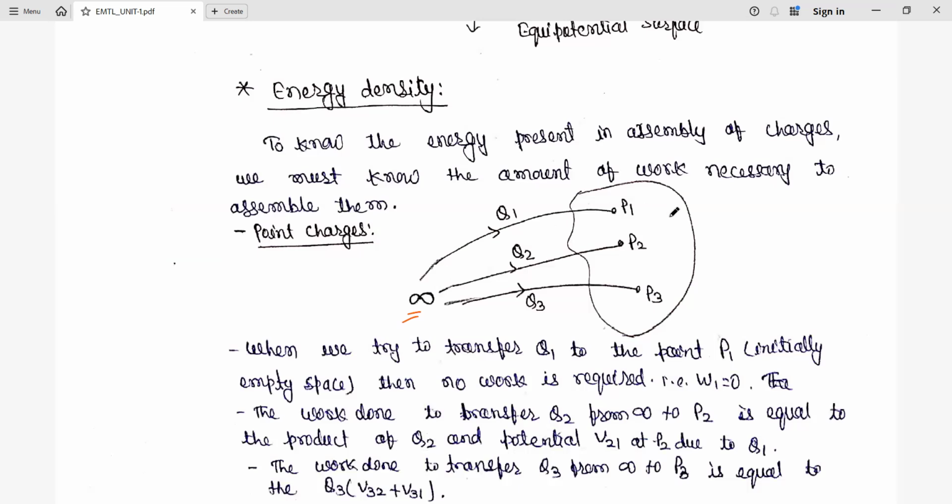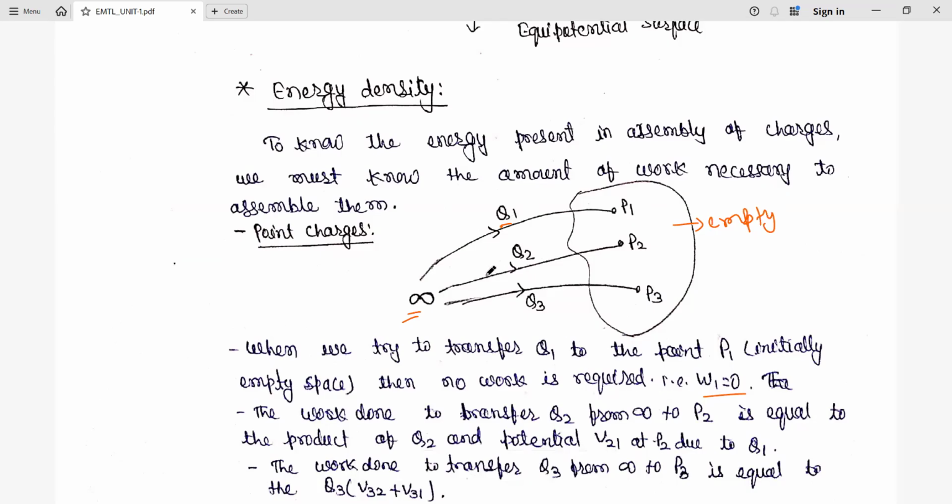Now, this is empty, nothing is there in the initial situation. When we try to bring the charge Q1 to the point P1, Q1 will not feel any resistance. So in that case, work done is 0. That is represented here by W1, which is 0.